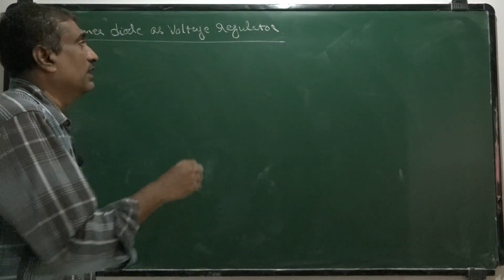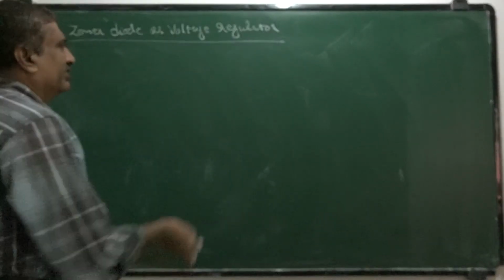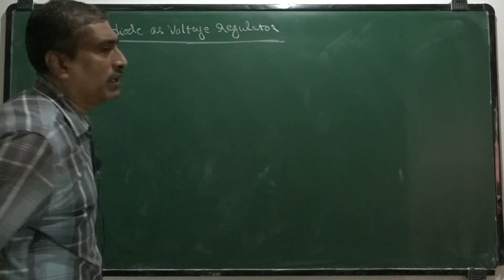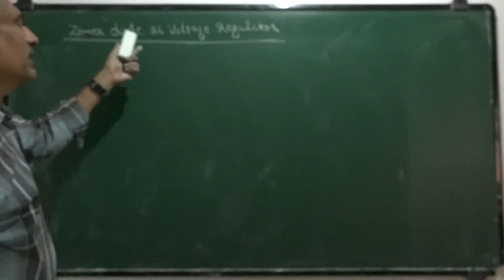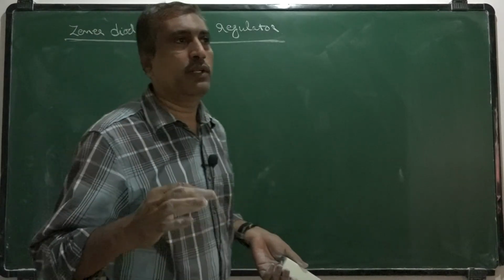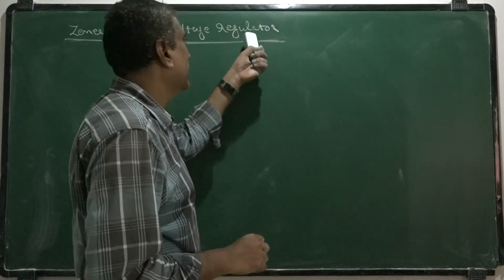That device is called a voltage regulator, or what we also call a stabilizer. So for that we use this Zener diode in reverse bias. Zener diode in reverse bias is used as a voltage regulator.